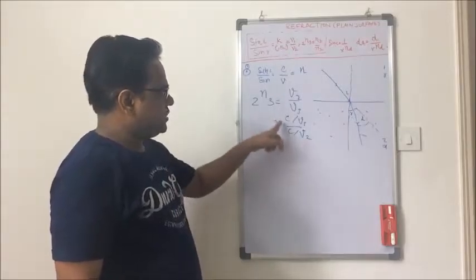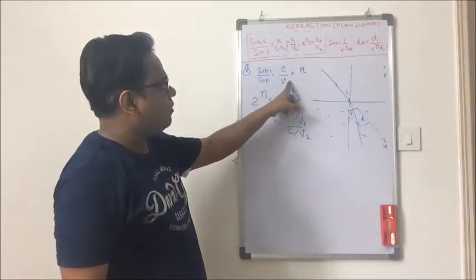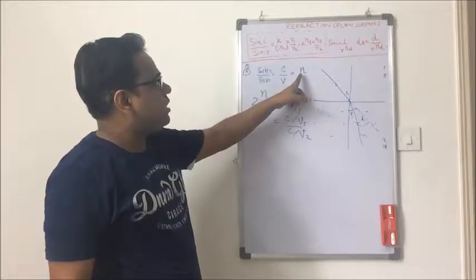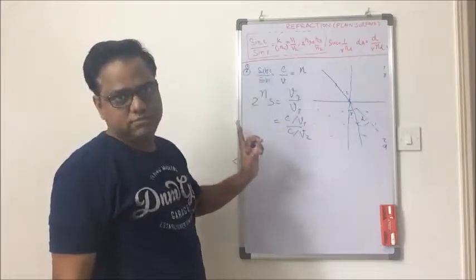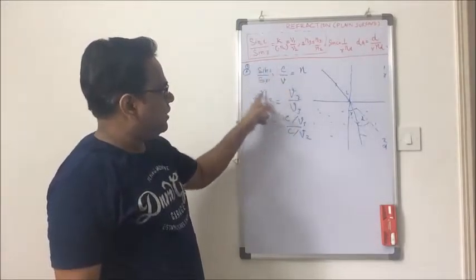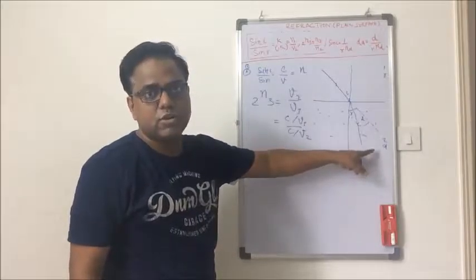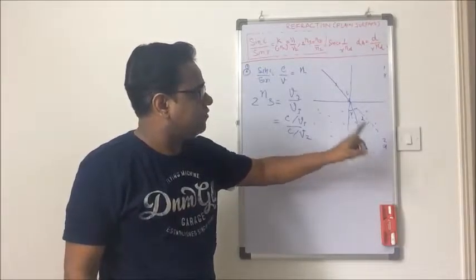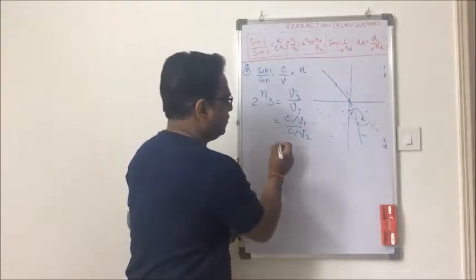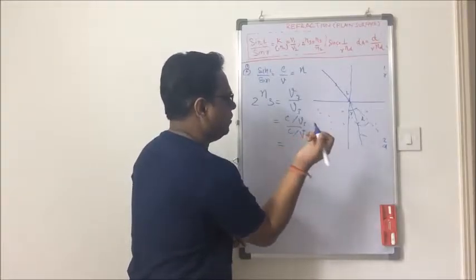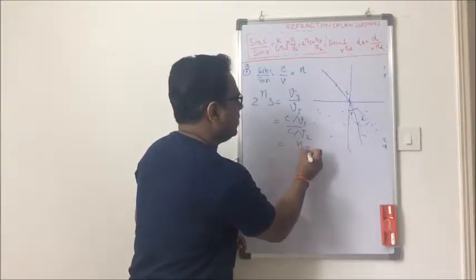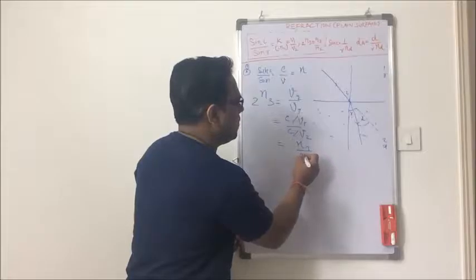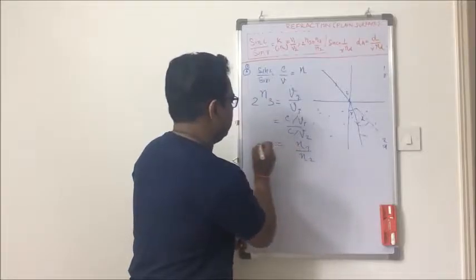And C by V3 we know would be N3, because N3 is the refractive index of medium 3 with respect to air or vacuum. So we can say N3 divided by N2.